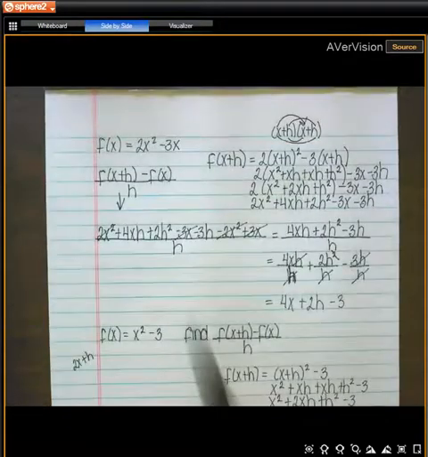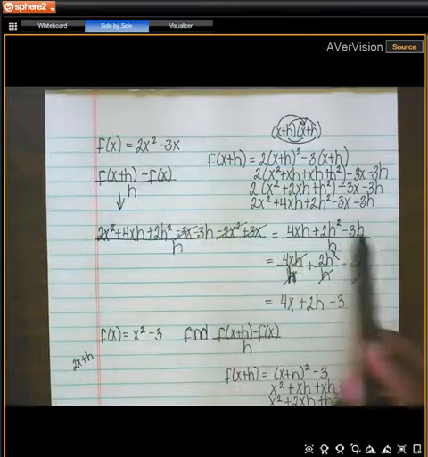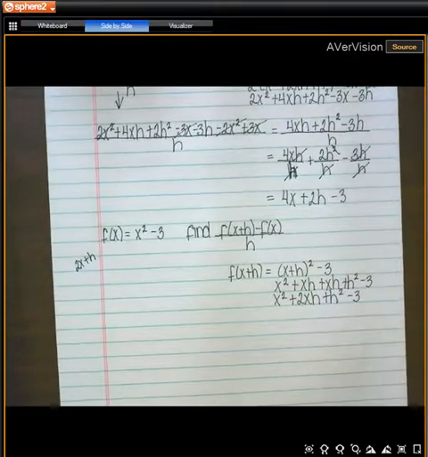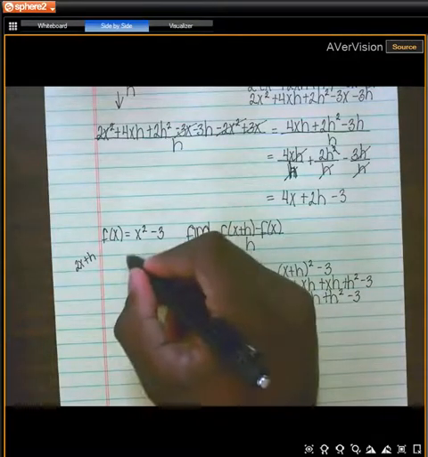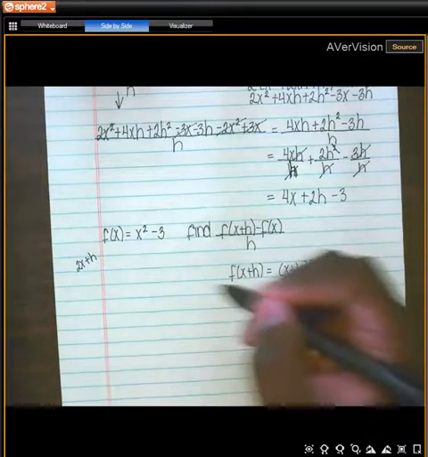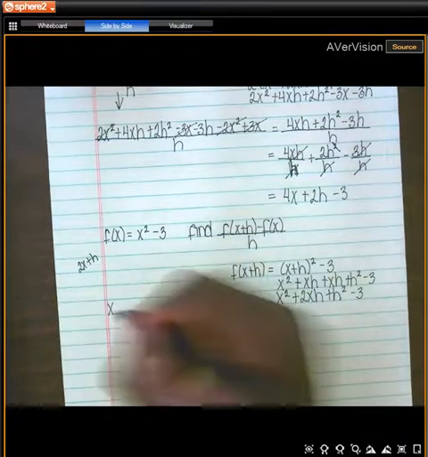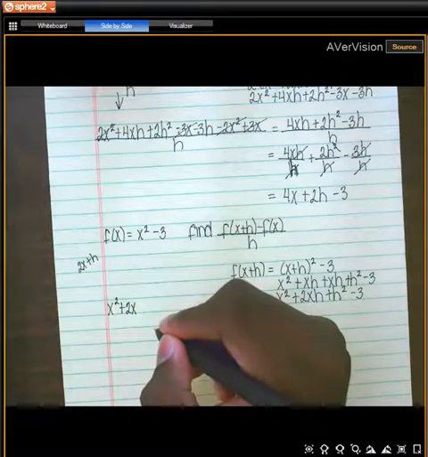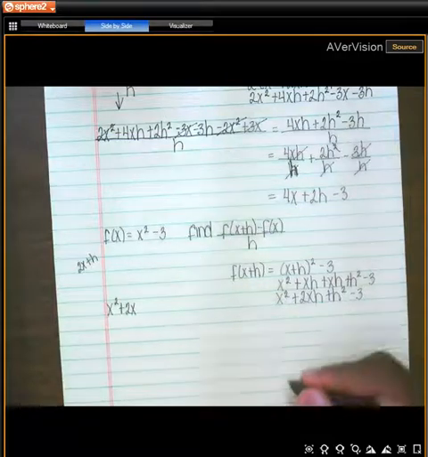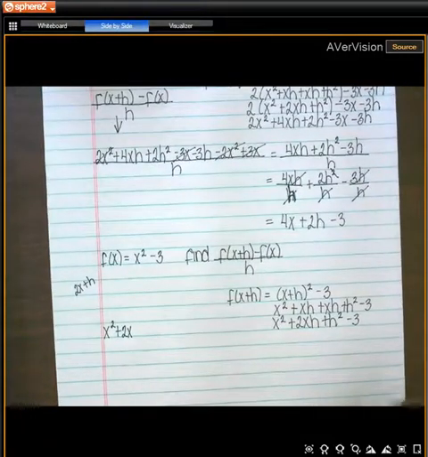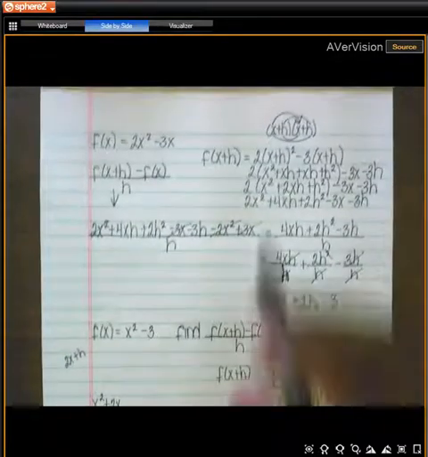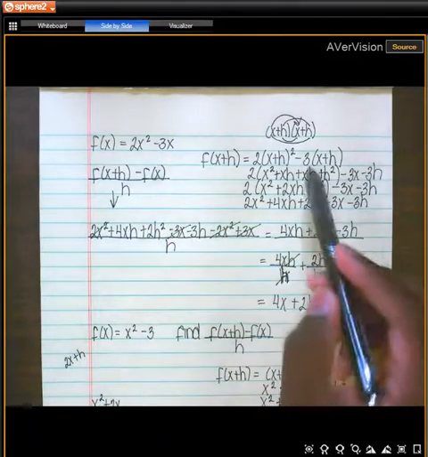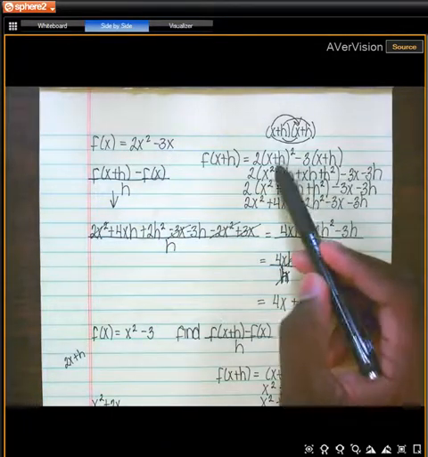In the first example, x shows up in two different locations, so we had to plug in x plus h in both locations.